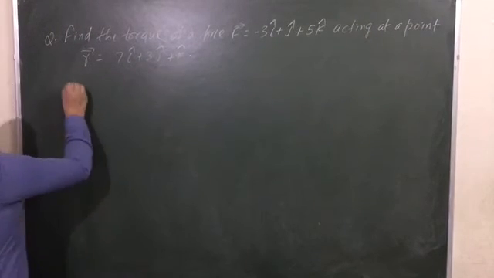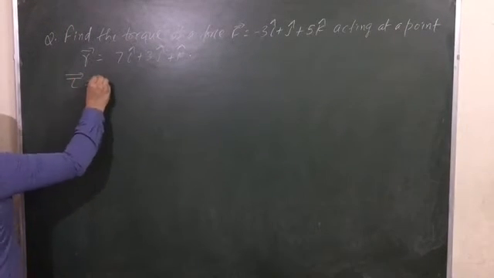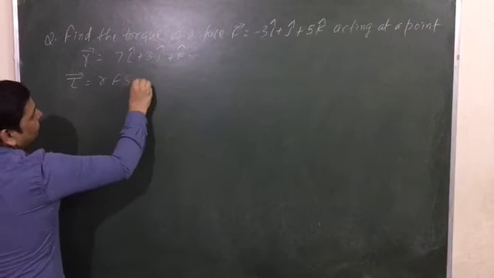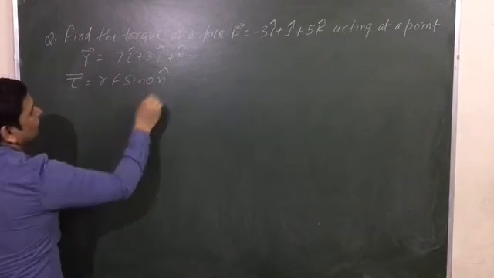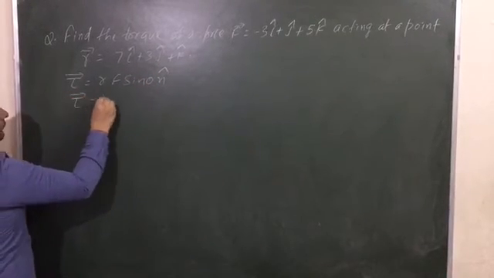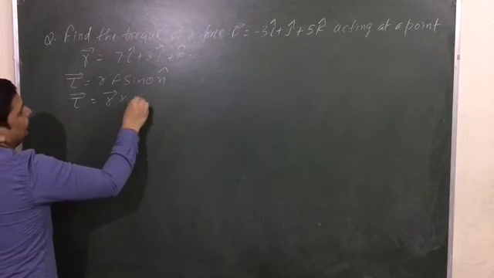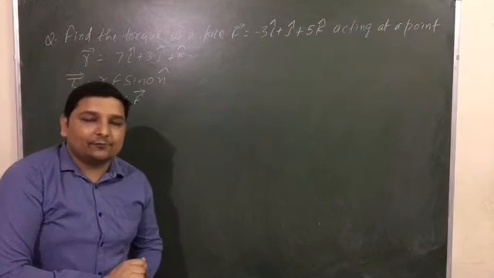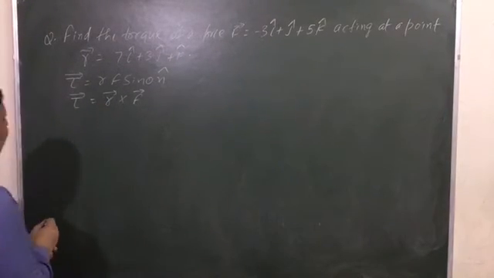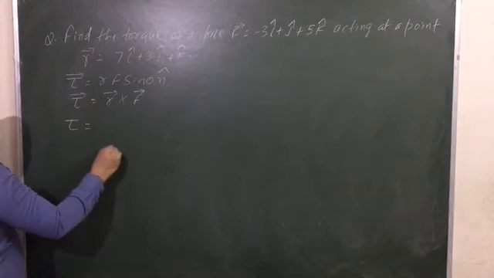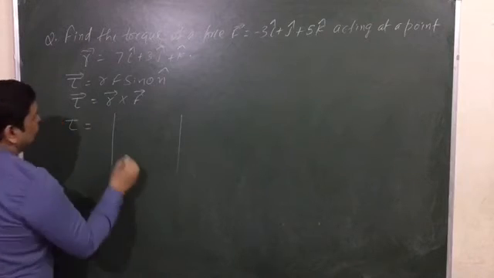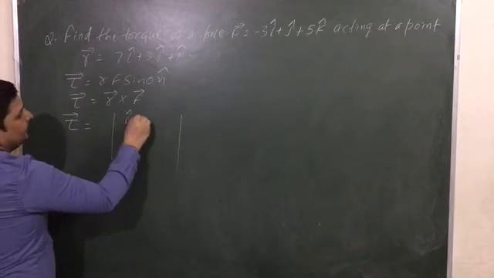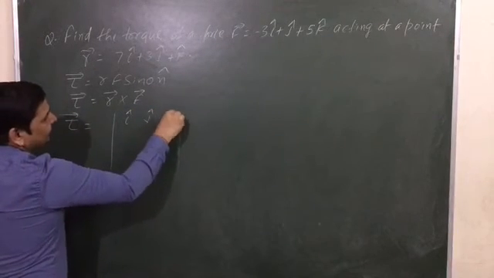We know that torque is given by r f sin theta into n cap, or in vector form, r vector cross f vector. Therefore, to find torque, we use i cap, j cap, k cap.